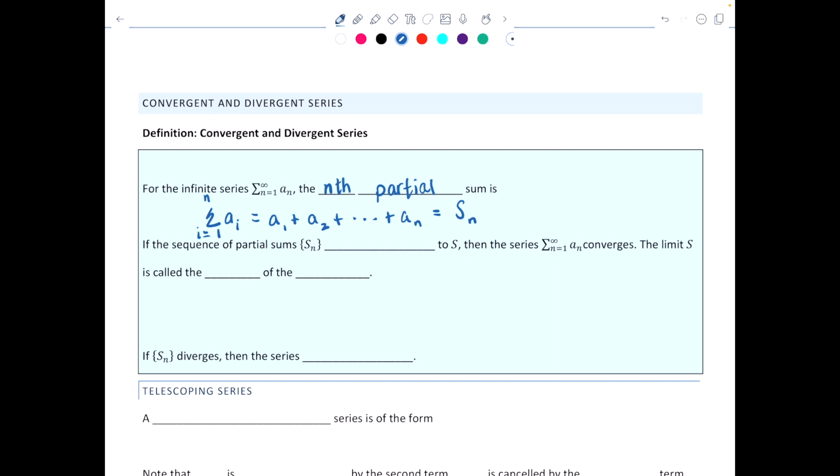If the sequence of partial sums, assuming that this is ordered, okay, an ordered sequence of partial sums, converges to sum S, then the series, summation n equals 1 to infinity of a sub n, converges.